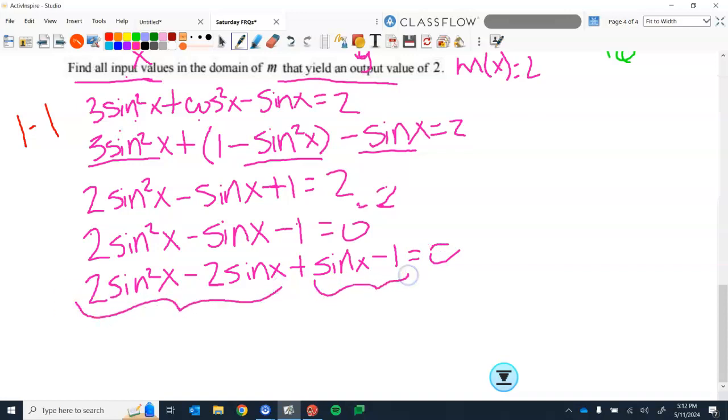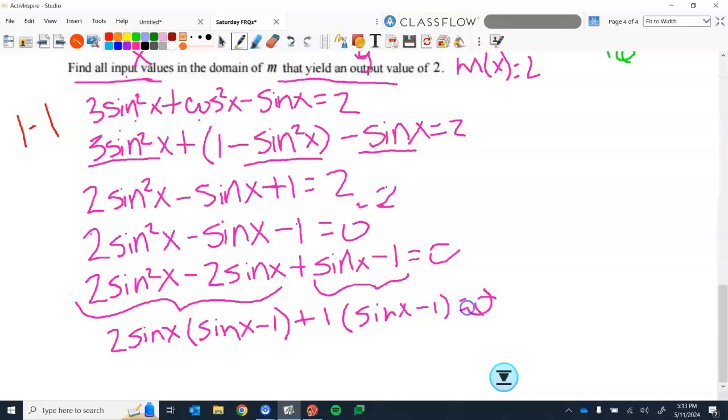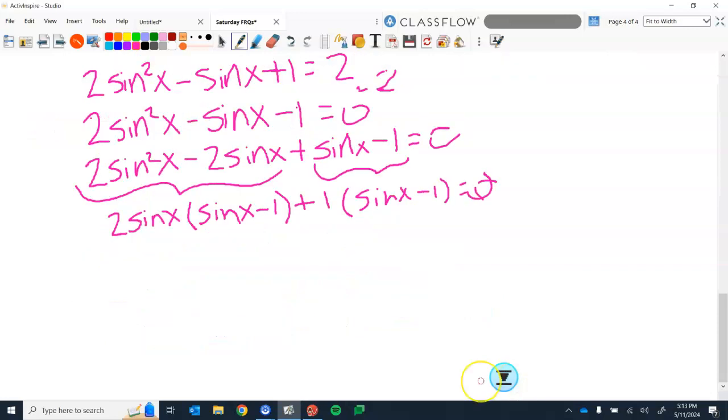Group that, group that. Out of these 2, I can factor out a 2 sine of x. That leaves me with sine of x minus 1. Here, I can factor out a 1, and that leaves me with sine of x minus 1 equals 0. Then I keep going because I'm not finished factoring.